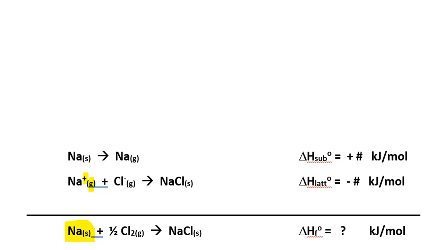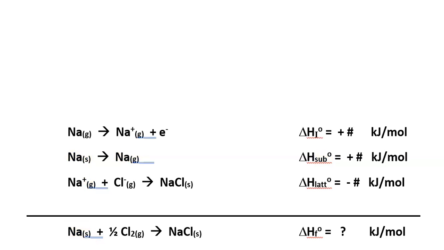So that's the first thing we do. Going from a solid sodium to a gaseous sodium is going to be heat of sublimation. That's going to the right across our heat curve, and therefore this is a positive value. The next thing we've got to do is make that gaseous metal into a gaseous metal ion. For that to happen, sodium will lose an electron because it's a metal.